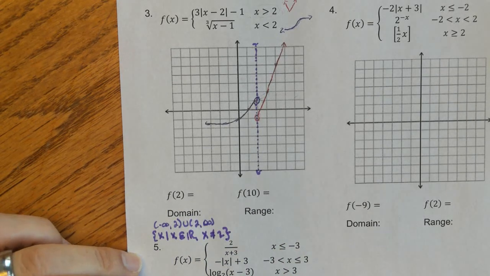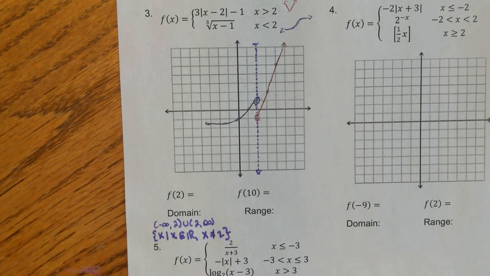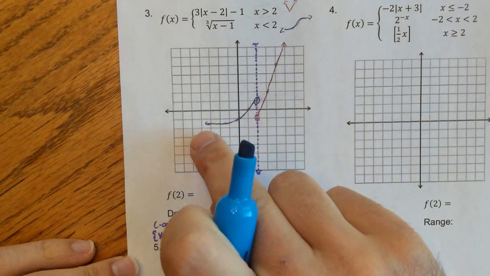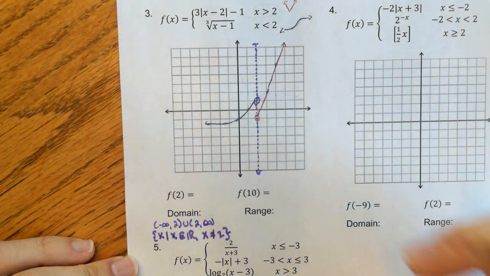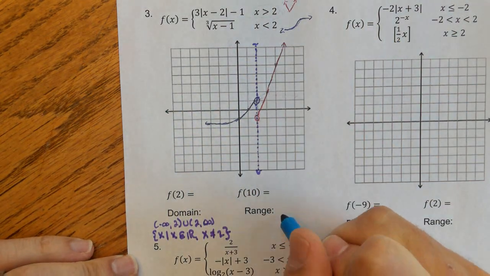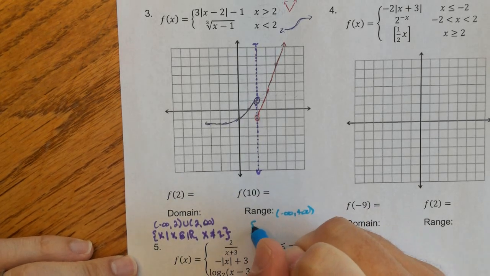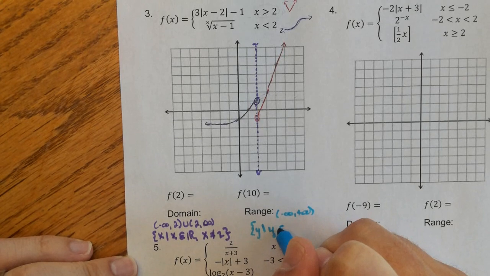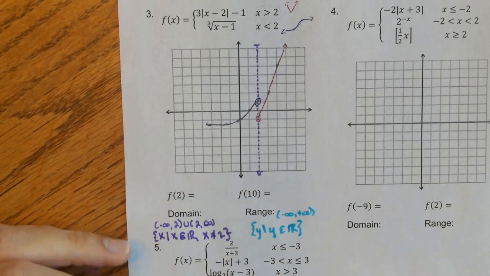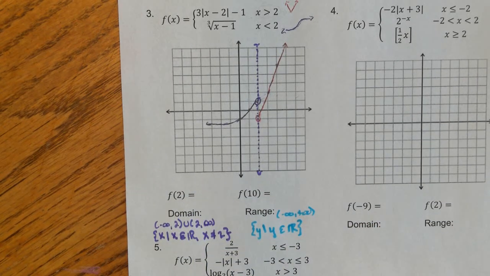And you have it like that. Range, arrow to arrow, encompasses everything. So that one is from negative infinity to positive infinity, or all the y's such that y is an element of all real numbers.